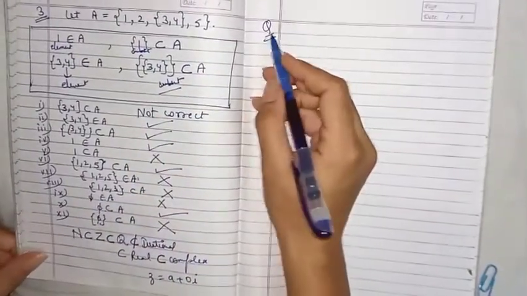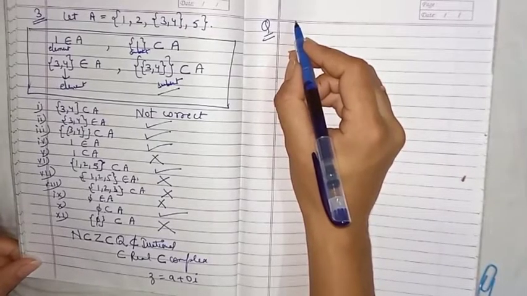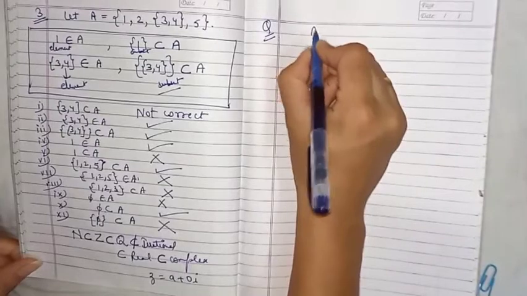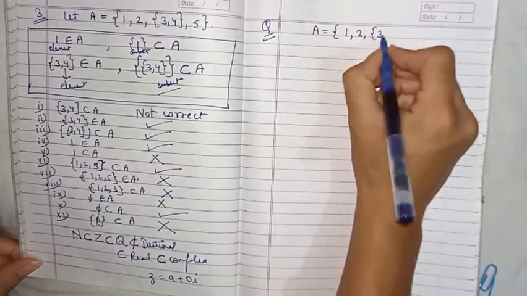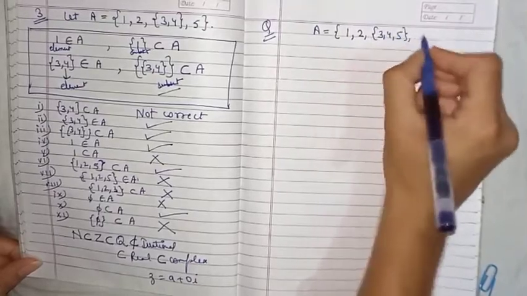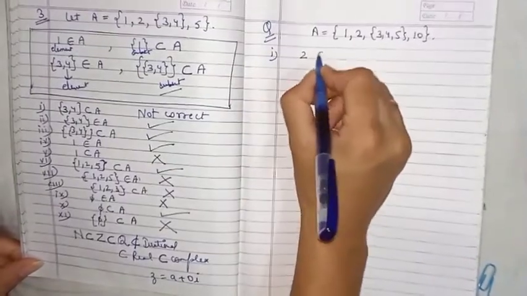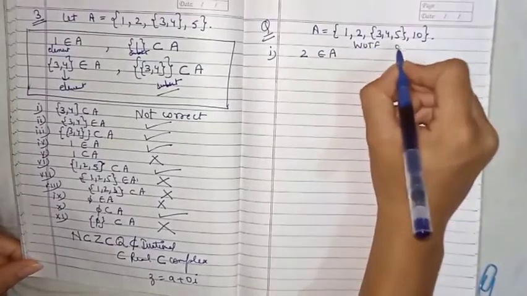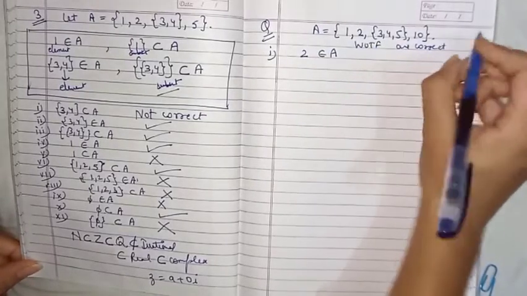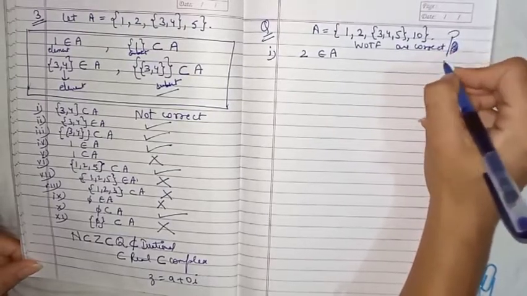Right? Now there is one question for you. Solve this question and send me the answers in the comment section. If I take set A as 1, 2, 3, 4, 5, 10, my first part is 2 belongs to A. You need to write which of the following are correct or incorrect.